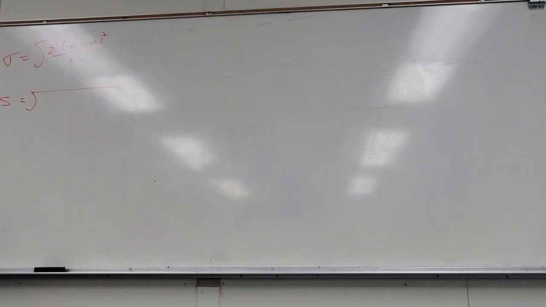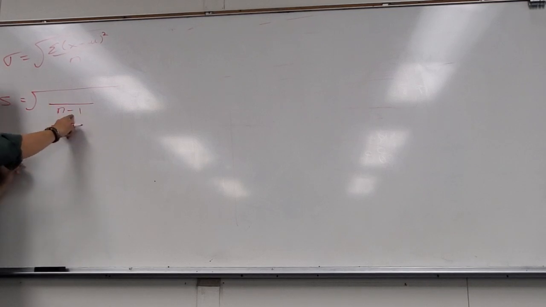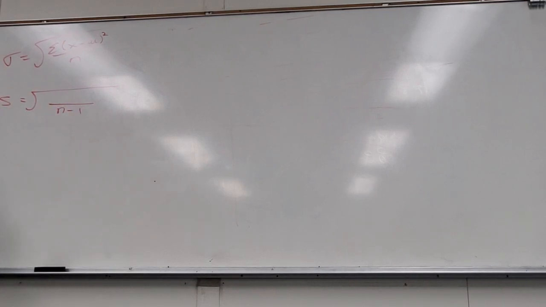So what does that mean? If it's closer to the average, that means the standard deviation would look like it's smaller than it's supposed to be. So how do I make a number bigger? Well, one way to make a number bigger is to divide by less. If I divide by less, doesn't the result become bigger? You guys with me? What's 20 divided by 5? 4.